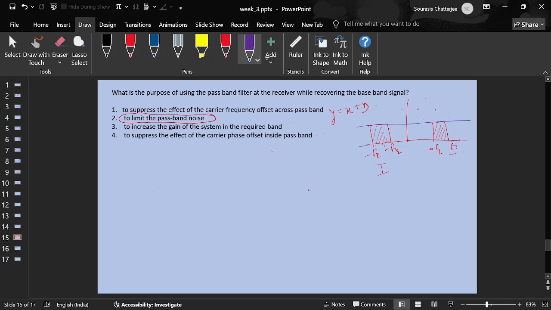So if I don't employ the passband filter here, the noise throughout the entire frequency range, that is the capability of your receiver, is going to interrupt this one also, right? So essentially I need not these things at all. So when I pass through passband filter, it basically filters out this entire part. There is no signal here, so there is no information loss for me, but the noise is getting filtered out for this entire part. So what I have, the signal is already in this passband. Now the noise we are also considering, that is also limited to this passband.